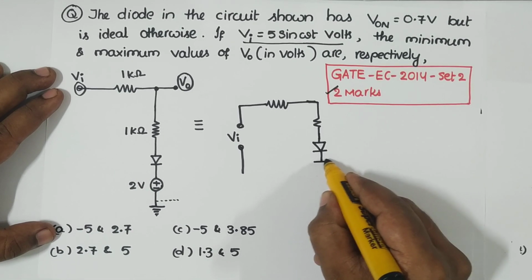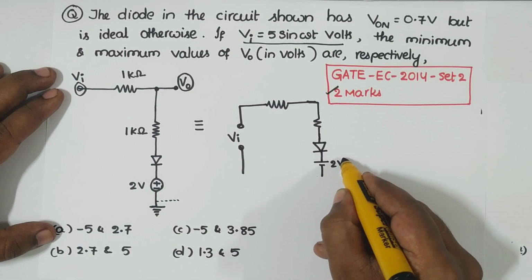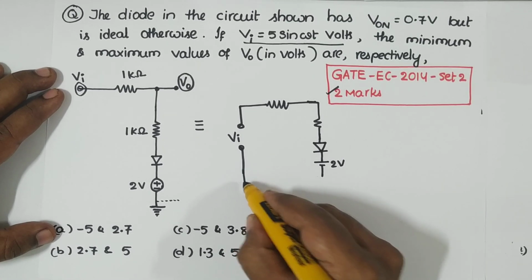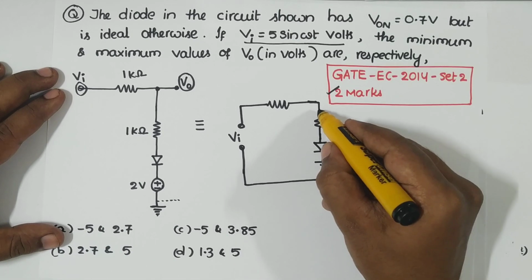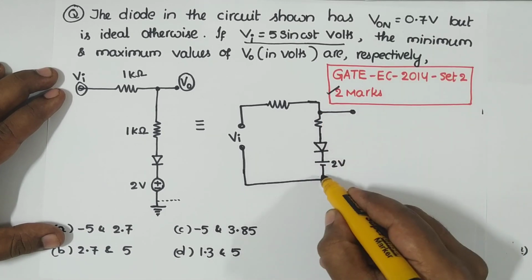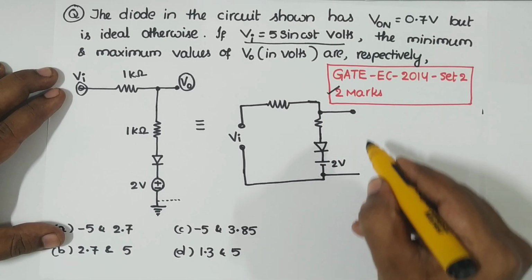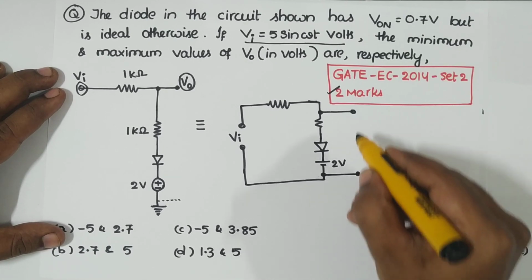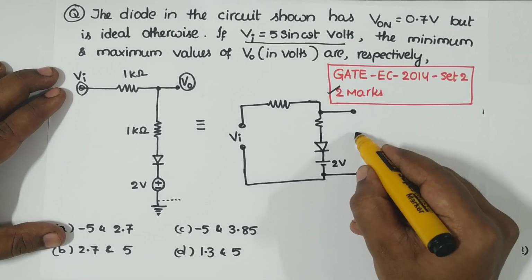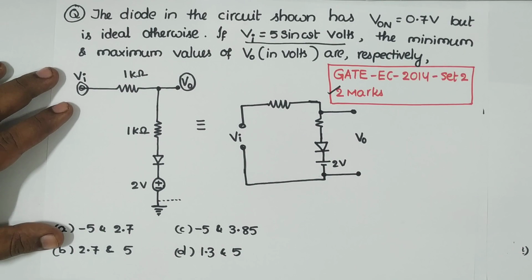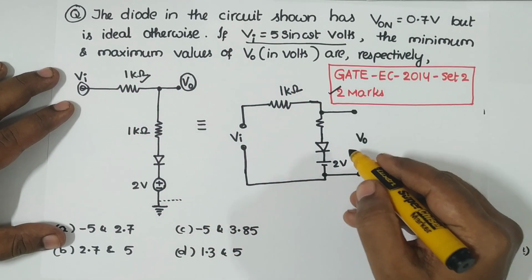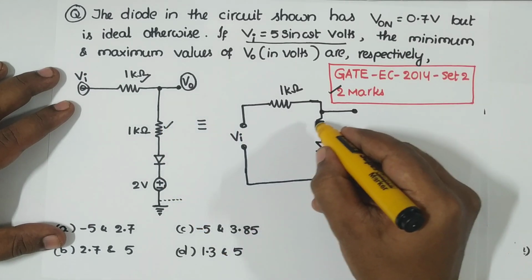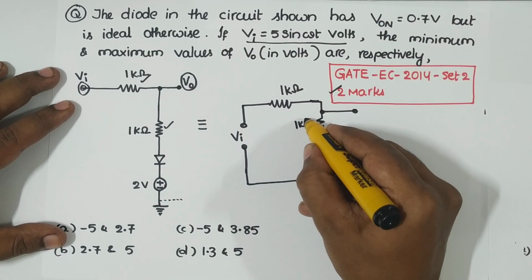You have 2 volts, which is our DC source, so we can take it like this. This is the voltage across, so this must be our output voltage, with this 1 kilo ohm and this again 1 kilo ohm.